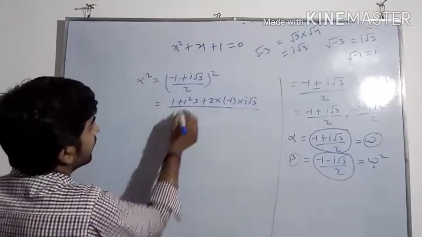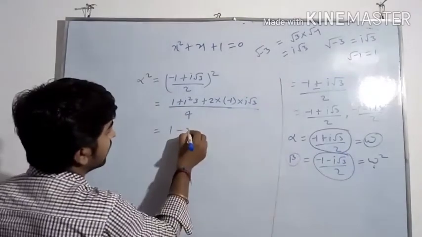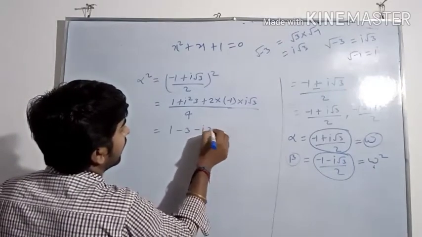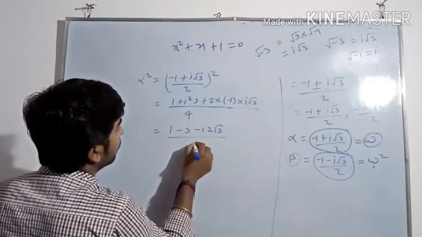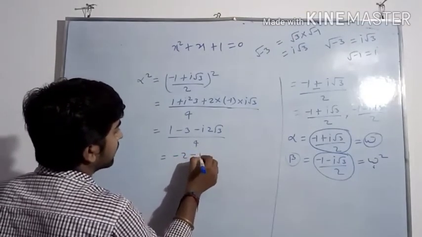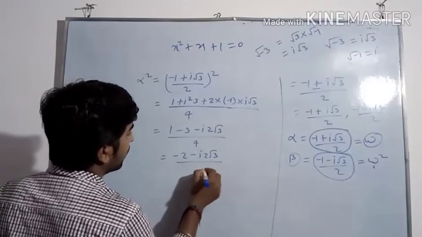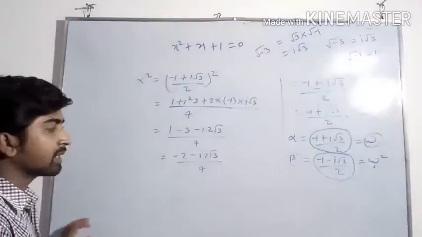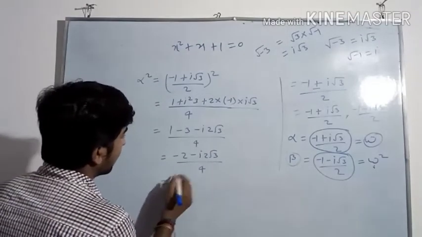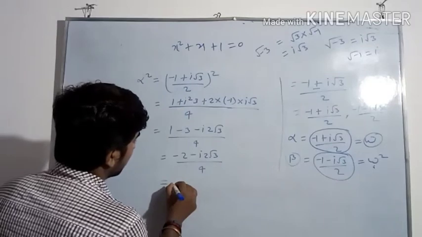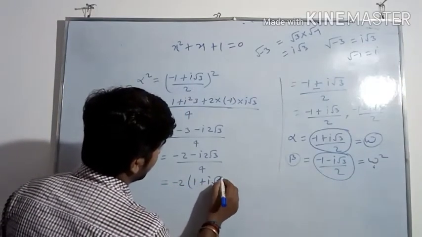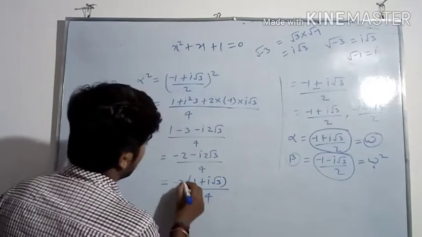This will be equal to 1 plus i square, which is minus 1, so minus 3, and minus 2 i under root 3 upon 4. This equals 1 minus 3 equals minus 2, minus 2i under root 3 upon 4, and students here we will take 2 common, and this is equal to minus 2 times 1 plus i under root 3 upon 4.